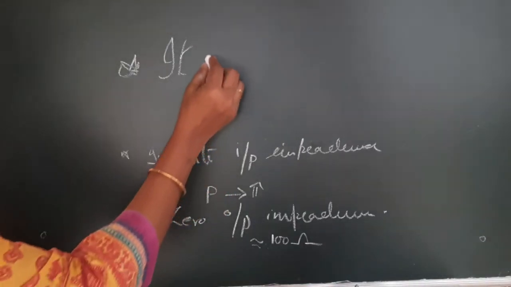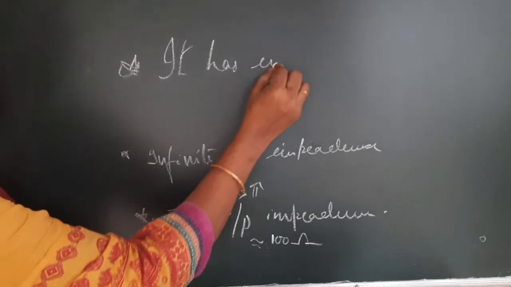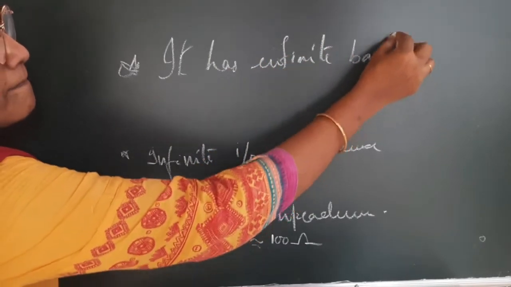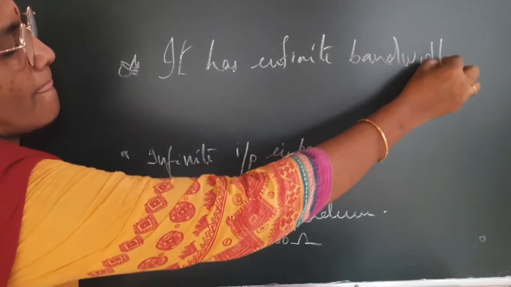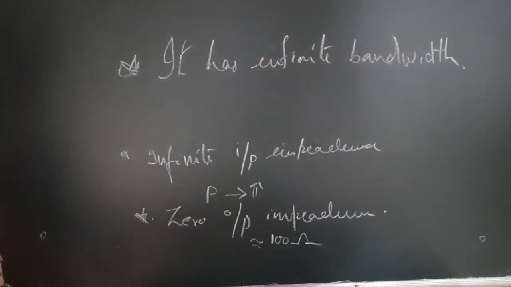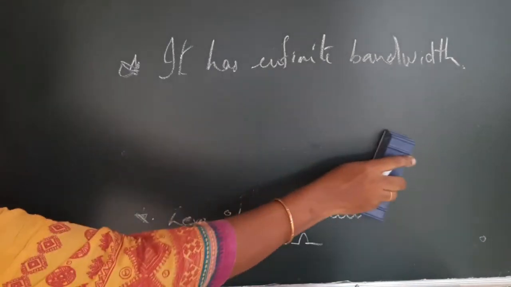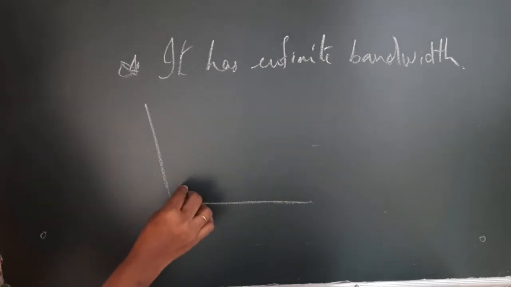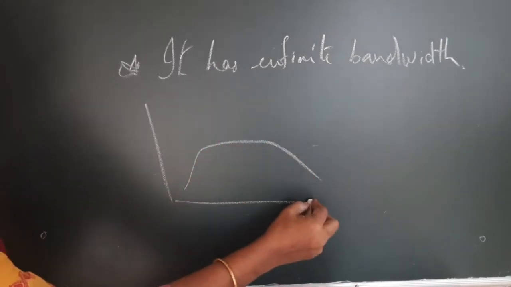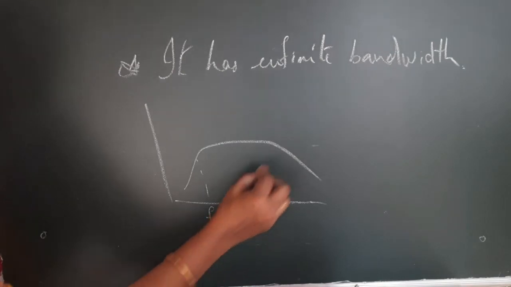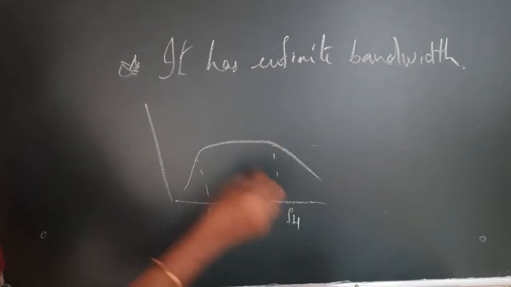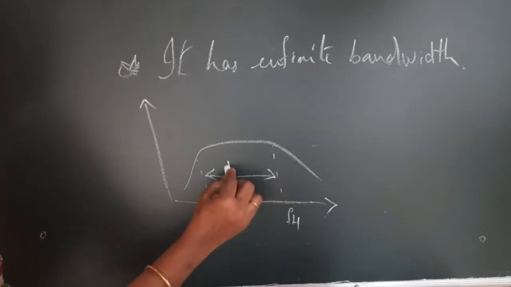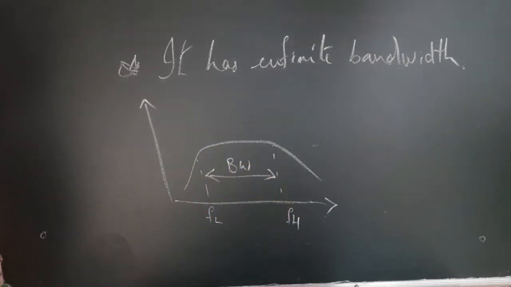Now, you can speak of one more property for an ideal op-amp. It has infinite bandwidth. You know what is bandwidth? That is, if you draw a frequency response curve for a CE amplifier, you know what is FL and FH. This is a frequency response curve, and this is known as the bandwidth of a CE amplifier.